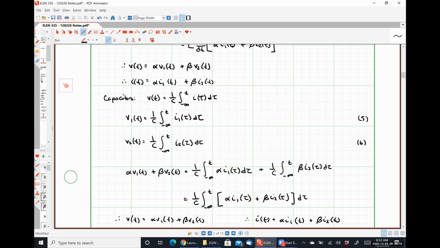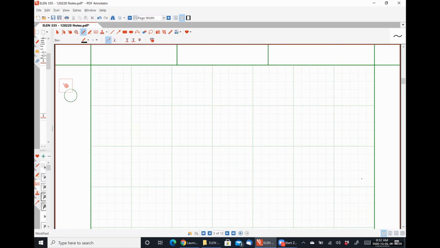Now, you may be asking yourself, does everything behave linearly? I'd like to show you what I consider to be a hilarious example of nonlinearity. Let's say that we have an input-output relationship y of t is equal to mx plus b.